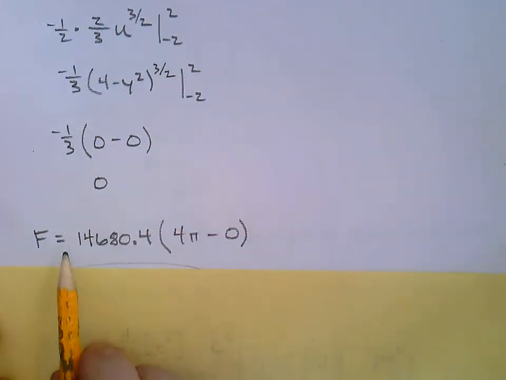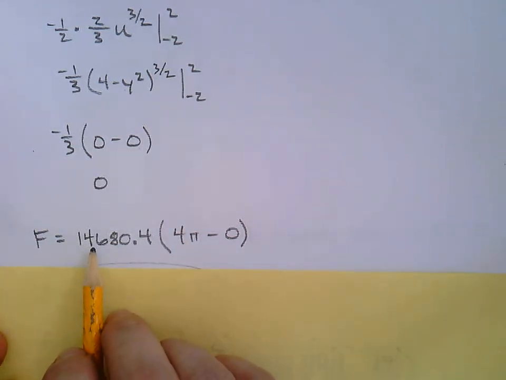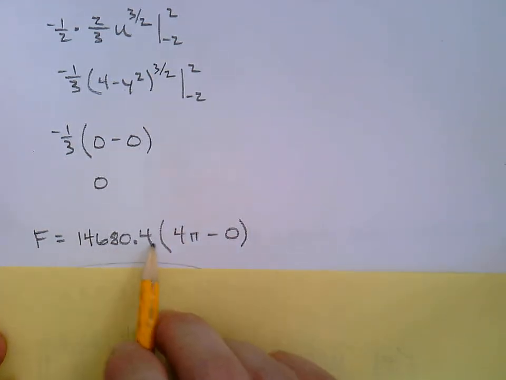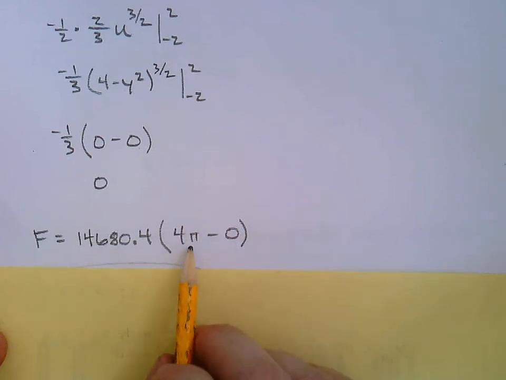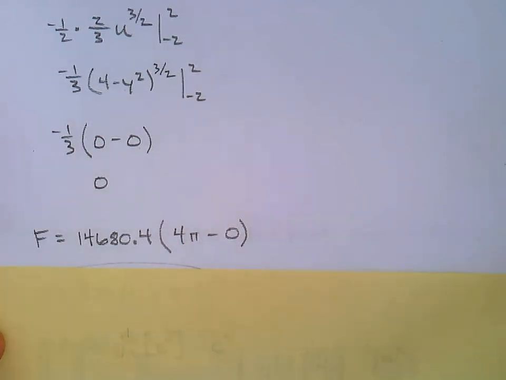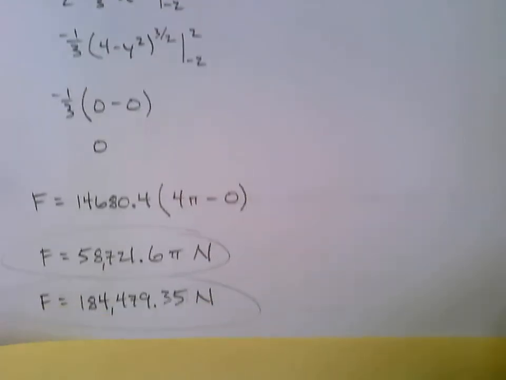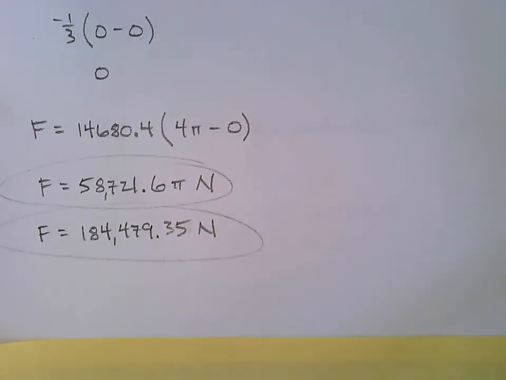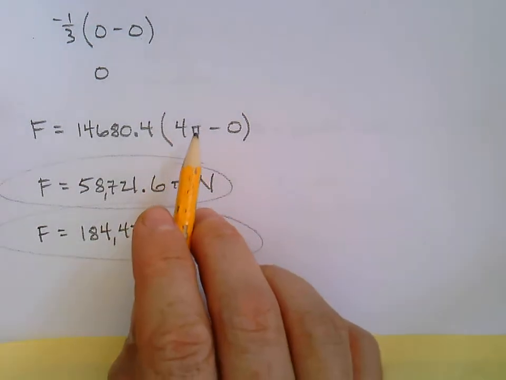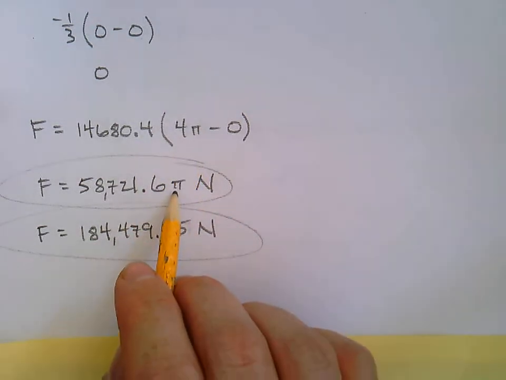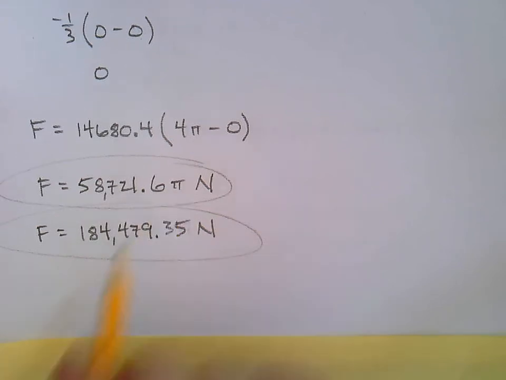So fluid force, putting both those values of those integrals back, it's 14,680.4 multiplied by 4 pi minus 0. And here, two ways you could answer, depending on your preference. A lot of people in this sort of case prefer to just leave the pi in the answer.